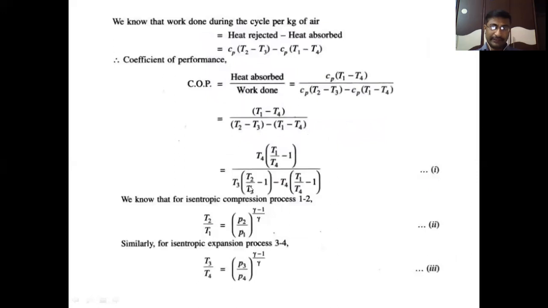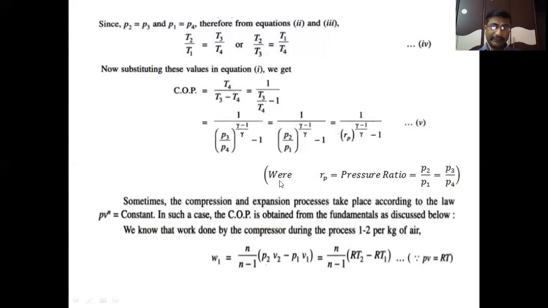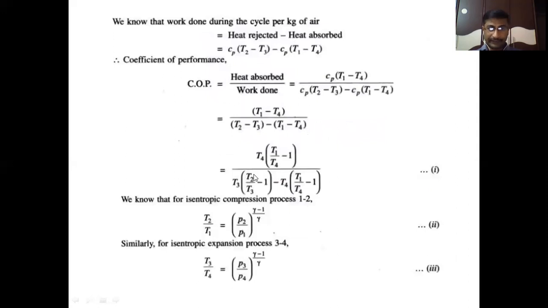Here in our equation, T2 by T3 is there. Wherever there is T2 by T3, we can replace it with T1 by T4. Then T1 by T4 minus 1 in the numerator and T1 by T4 minus 1 in the denominator can be taken as common and cancelled.